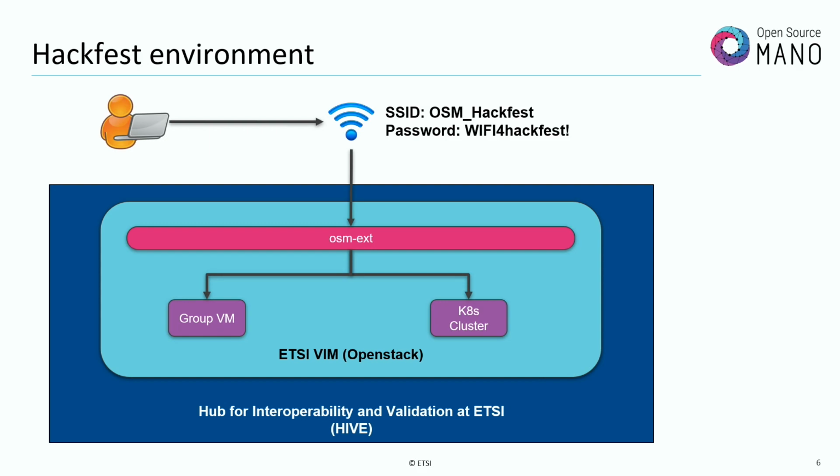So you're coming into the exact same environment that you would if you were an ETSI member and had ETSI online account access. Just by simply joining the Wi-Fi, we're immediately on the Hive, which is the Hub for Interoperability and Validation at ETSI. We love our acronyms in case you didn't notice. So yeah, the Hive is a fairly large network, actually.